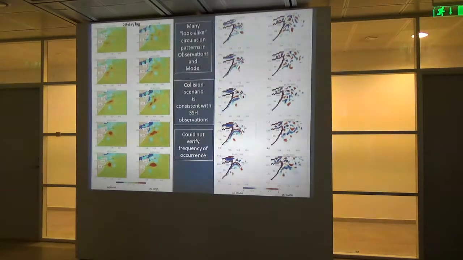We found that the slope is changing with the season, because we get different temperatures in winter time. But it's very significant, especially on the vorticity.